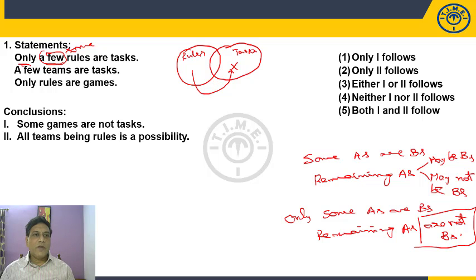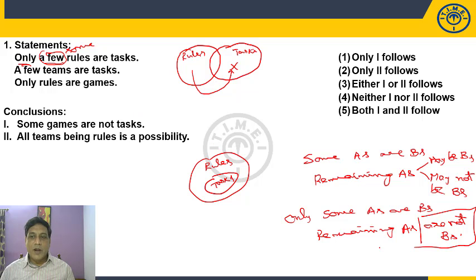So when we come across this only few, only some statement, this kind of indication will help you in visualizing the alternative diagram. But mind you, the entire task can go inside rules. There should be some gap. So even if we draw like this, rules and tasks.